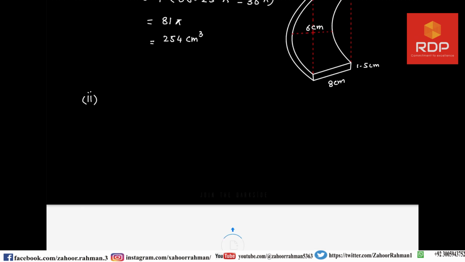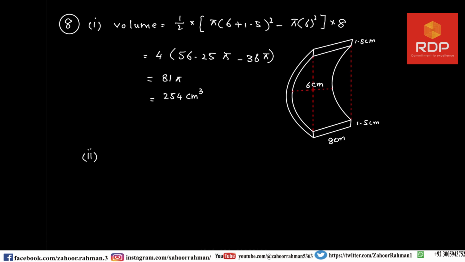The second part, let us write this second part because we have the area.